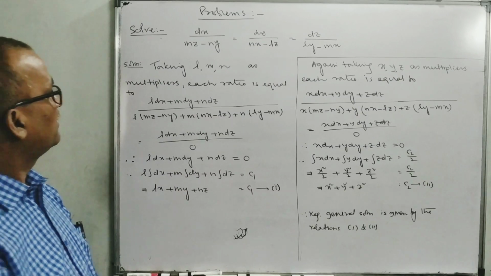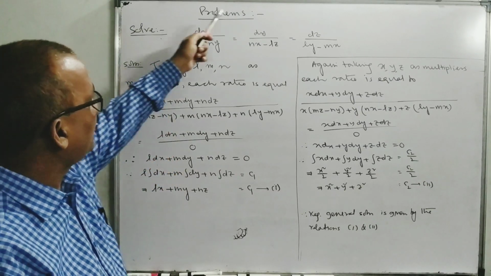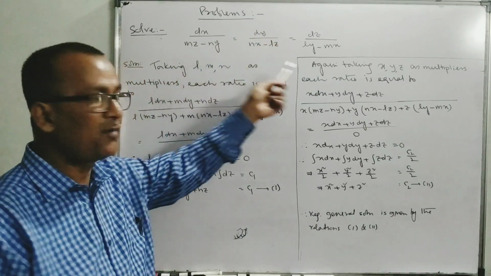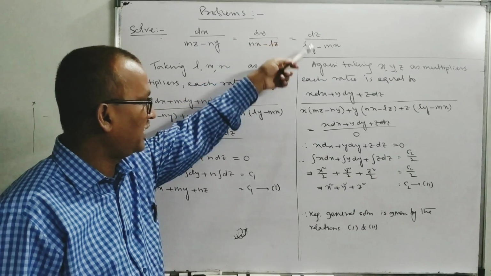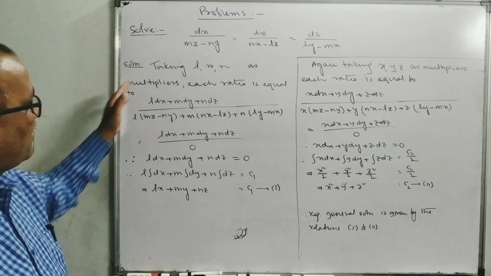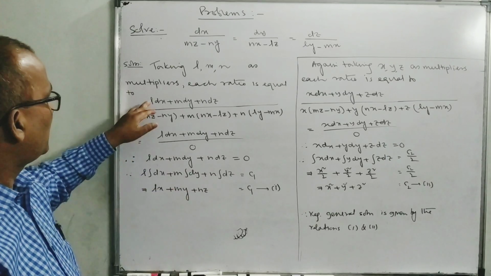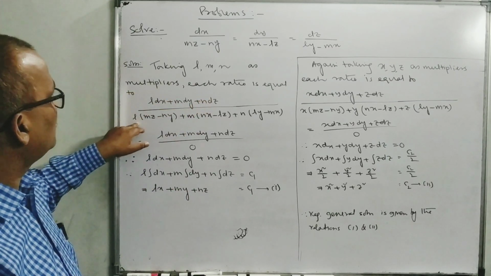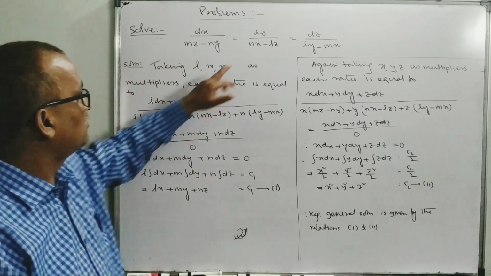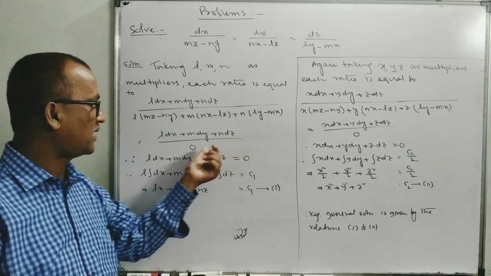So here we see, if we multiply the upper parts by l, m, n, and the lower parts also by l, m, n, and then add the upper parts and lower parts separately, it is a property of ratio. Then it becomes l dx plus m dy plus n dz by l into this plus m into this plus n into this, and the lower part becomes 0.